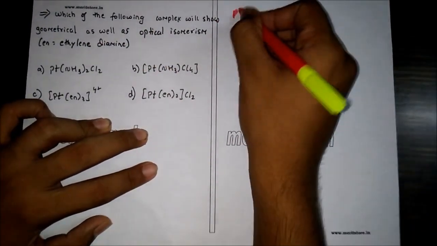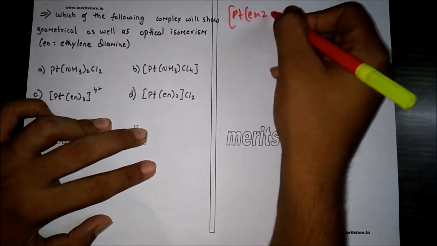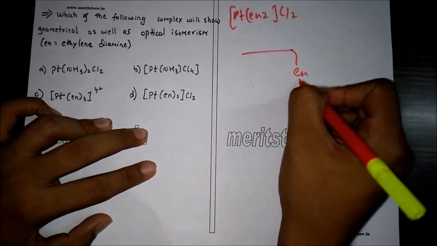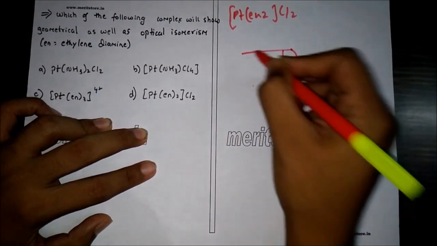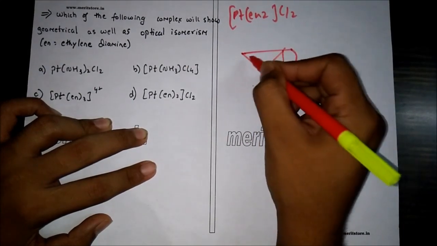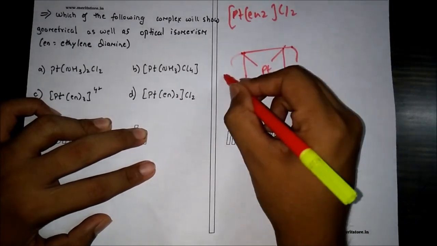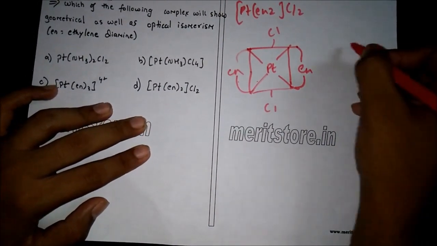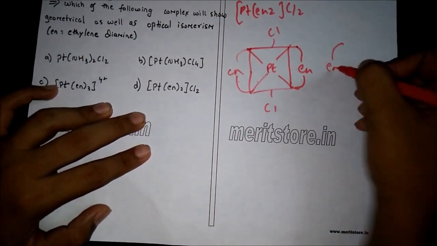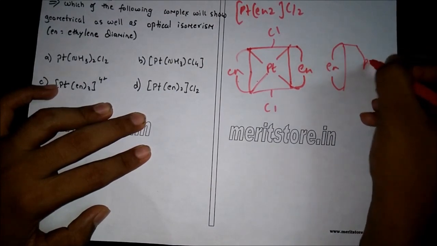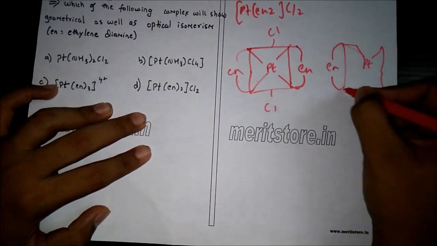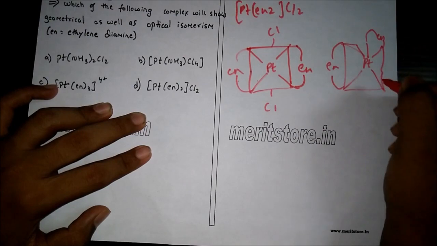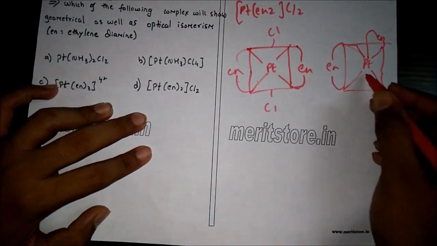Now, if you look at option D, Pt(en)Cl2, it shows geometrical isomerism like this: Pt in the middle, with Cl above, and it shows this is the cis, and the trans is with Cl here and Cl here.